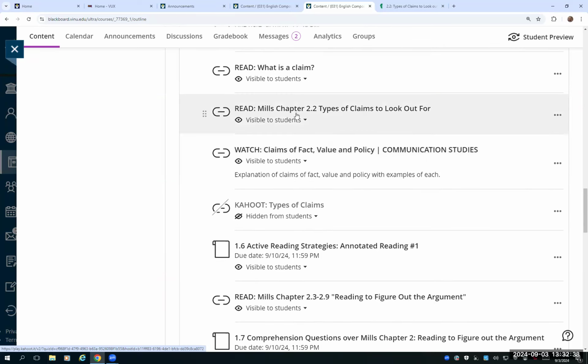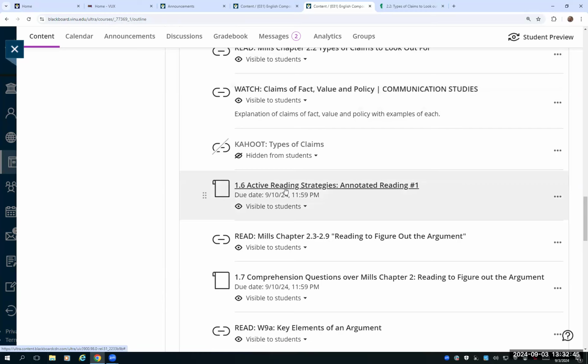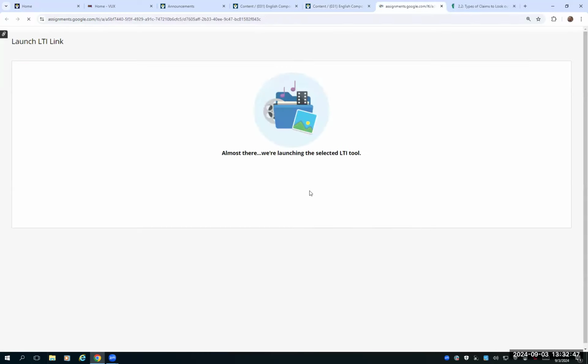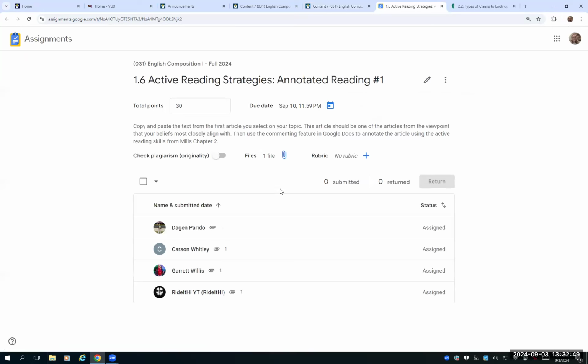So what we're going to do now is go down to assignment 1.6, active reading strategies. We're going to open this up. This is our first Google assignment. It's going to ask you to link a Google account to this Google Assignments tool. That's the Google account I told you at the beginning of the semester we would be using.